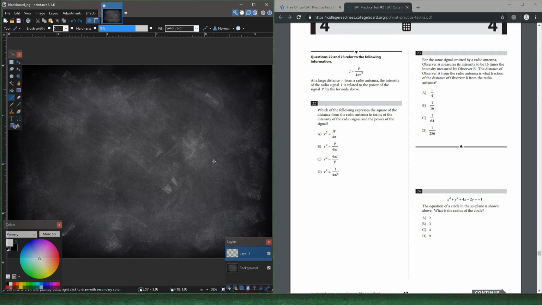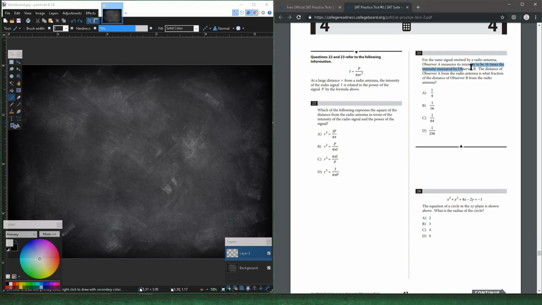From the same signal emitted by the radio antenna, observer A measures intensity to be about 16 times that measured by observer B. The distance of observer A from the radio antenna is what fraction of the distance of observer B from that antenna?